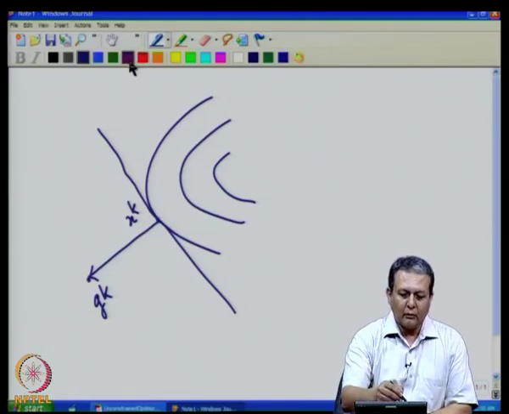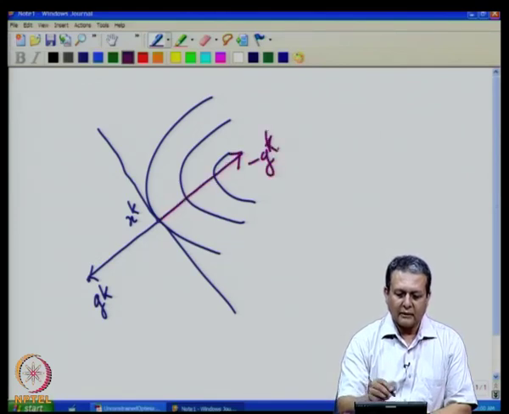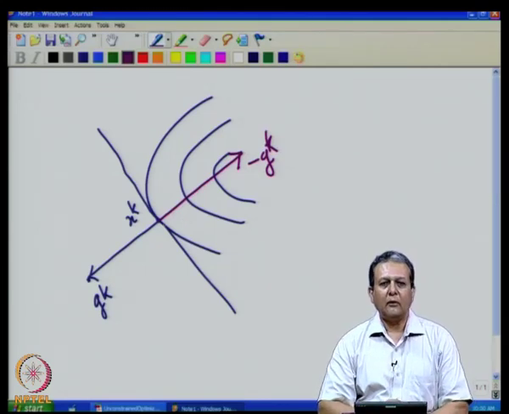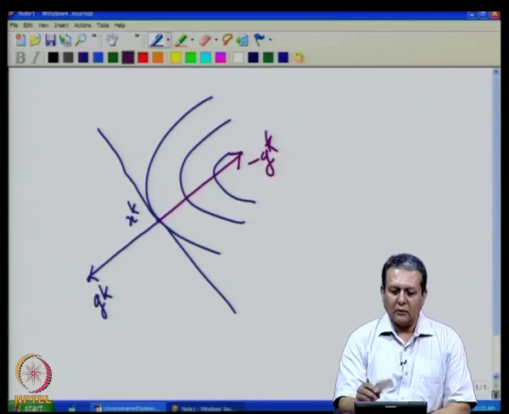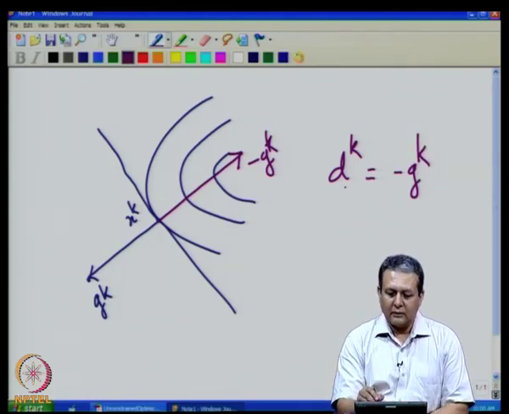So, the direction dk equal to minus gk is called the steepest descent direction.